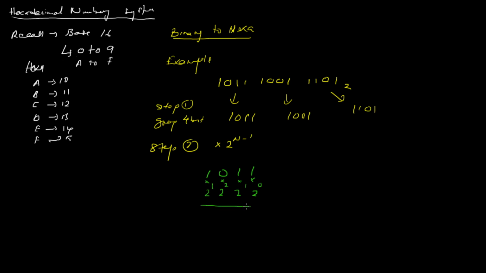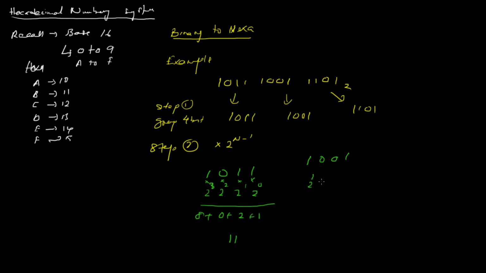We are doing the same process. So this is 1, this is 2, 0 plus this one is 3. 2 to the power of 3 is 8. If you add all these, you're going to get 11. Then for 1 0 0 1, do the same thing.